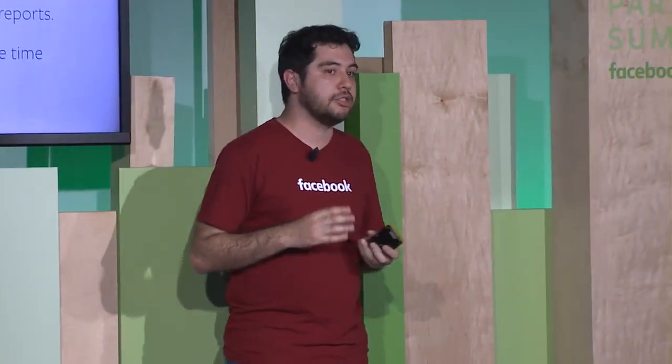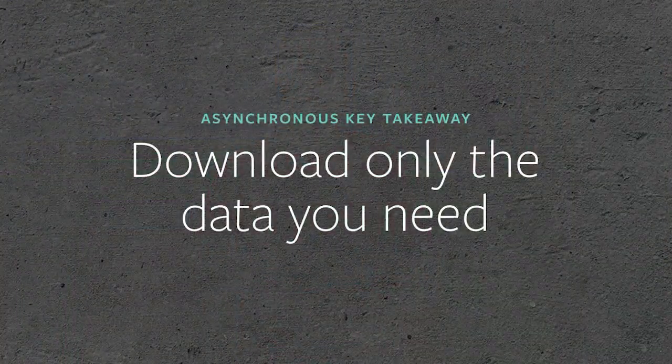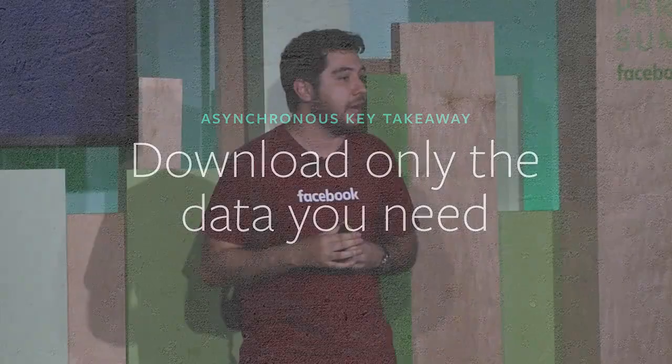So this is a good number to have in your head when you're thinking about information to be saved on your side. Let's think about insights before I hand it to Jordan. Download only the data that you need. It might be cool to say, OK, I need all this data because I want to optimize using this really complex model. And you get lots of information. This will count towards the limits.